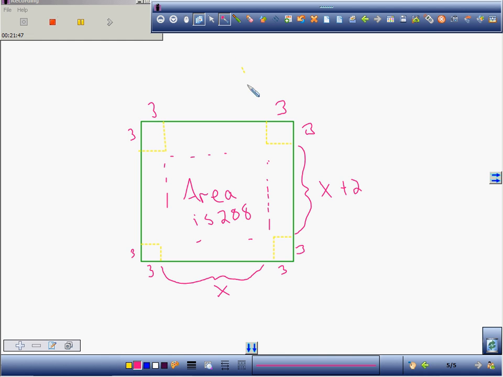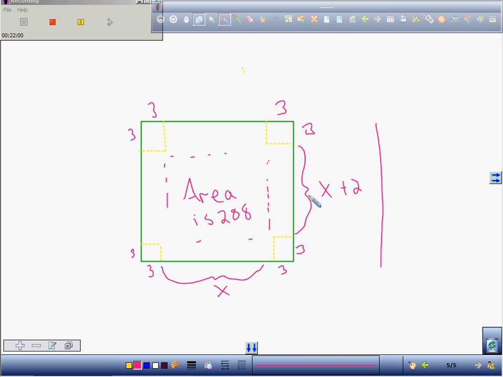What you want to do is figure out an expression for the area. If this side is x plus 2, how far is it from here to here, all the way? What's this whole length? X plus 8, because you have x plus 2 plus 3 plus 3.